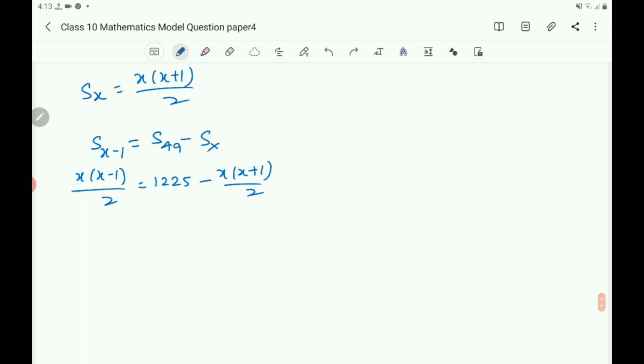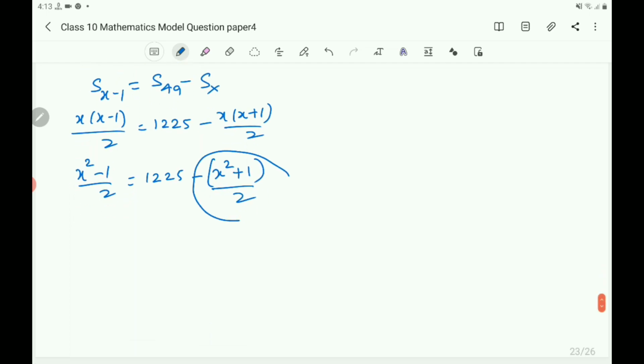So write x into (x minus 1) by 2, that is (x square minus x) by 2, equals 1225 minus (x square plus x) by 2.